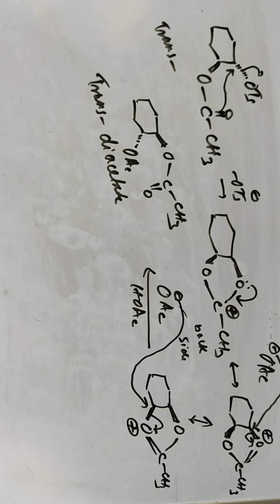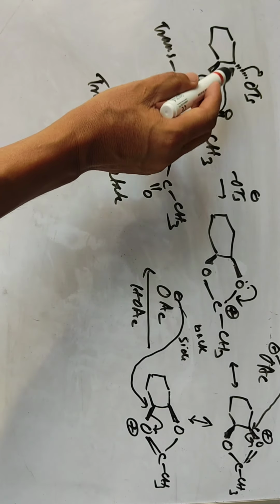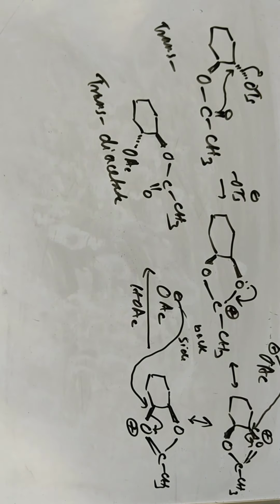So I'm repeating again that for two compounds we have cis and trans. One is trans-2-acetoxycyclohexyl p-toluenesulfonate, and the other is cis-2-acetoxycyclohexyl p-toluenesulfonate.